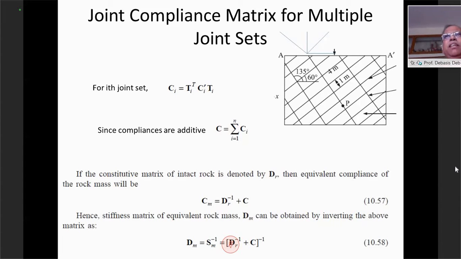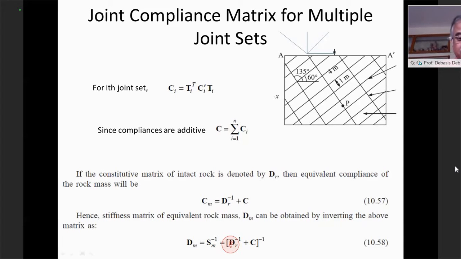Let me give you an example. If you are doing further work at MTech or PhD level, and you are using software like ANSYS or any other, they allow you to use anisotropic properties in the element, in the finite element. That anisotropic property has to be supplied from outside.